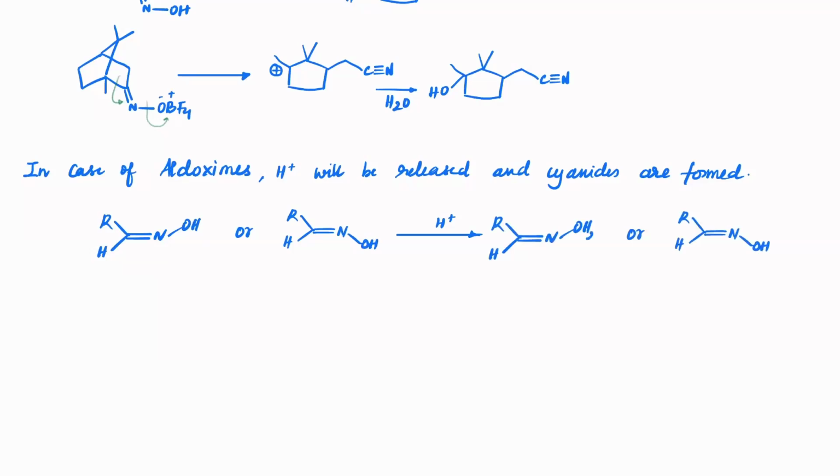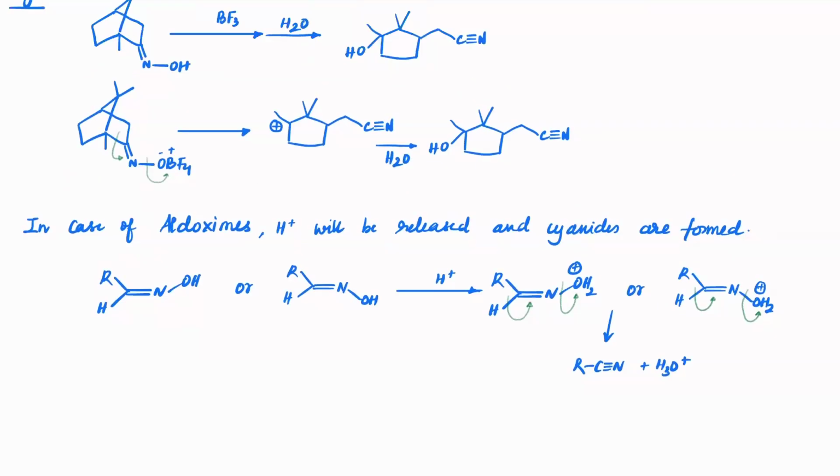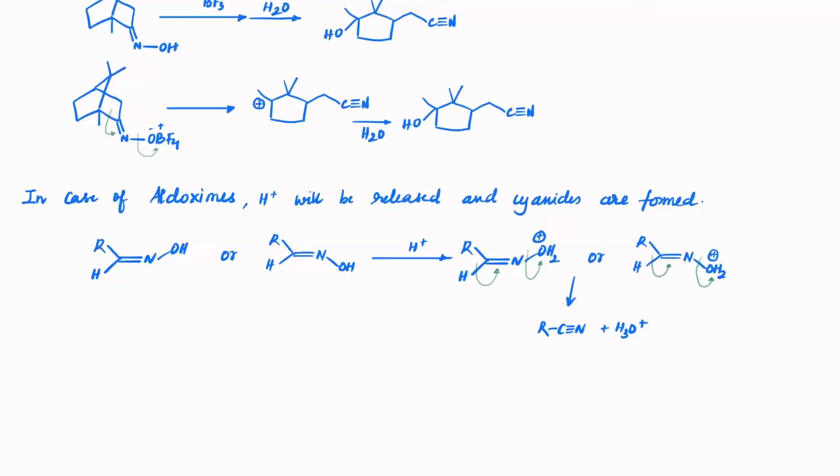It will become OH2 plus, and now see the migration. This bond will break to form cyanide, water is removed. Here also cyanide, water is removed. So in both cases the product is the same, that is R, C triple bond N plus H3O plus. Correct? So in any aldoxime, it does not depend on which direction it is, you will always get the same product, right?